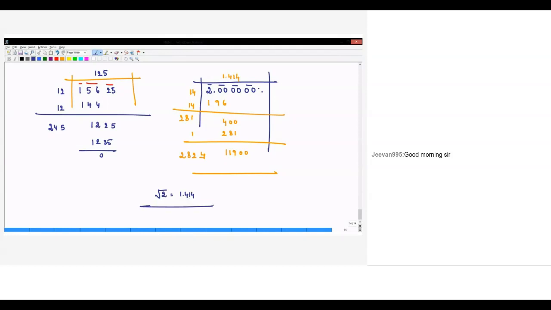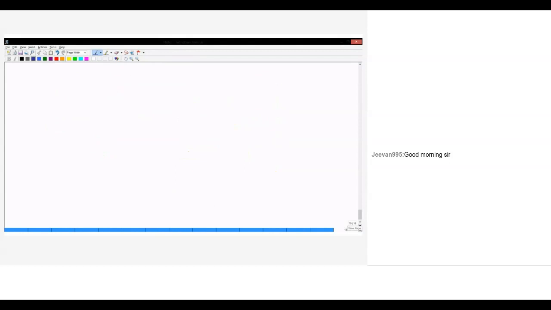Sometimes you'll also find a number whose perfect square is very close to 1300. Suppose even I don't know which square number is close to 1300, or whether there is any number close to 1300 or not. How do I try? I'll try like this. 3 squared is 9.